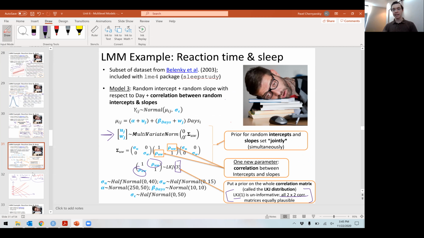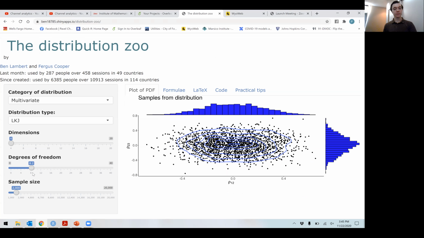I only have one. They have more than one because they have a 4x4. I have one because I have a 2x2. So if you increase that number inside the LKJ distribution, you start to consolidate those correlation terms around 0. So you don't allow for extreme correlation as this term increases.